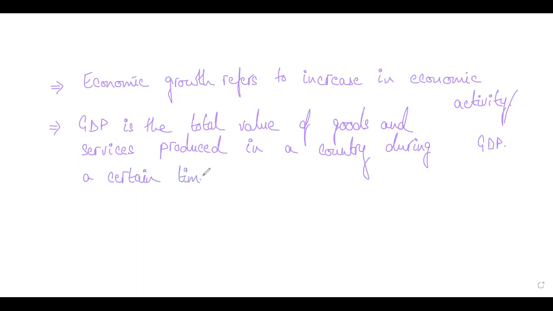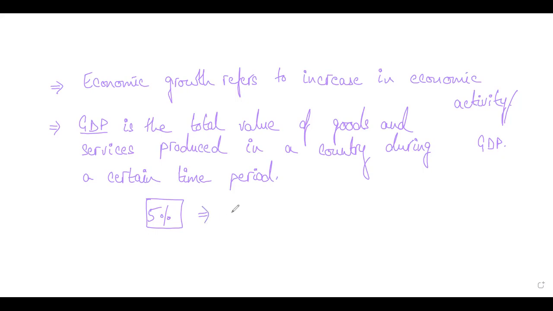Okay, now after you've explained what economic growth is, we have said that economic growth is the increase in a country's GDP, right? And we already know GDP is the total value of all goods and services produced in a country during a certain time period. So the simplest way to understand this is, let's say Pakistan has experienced 5% growth.